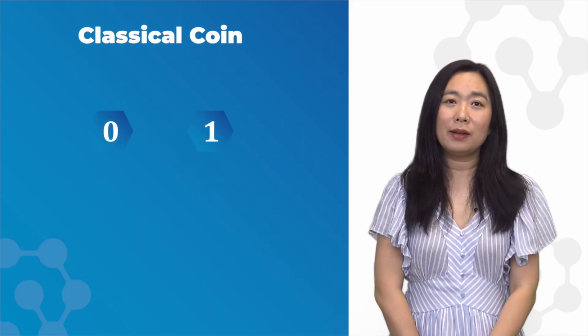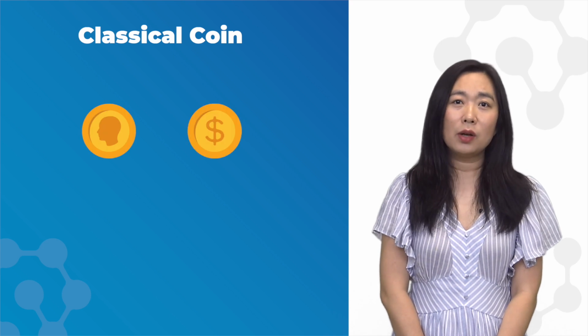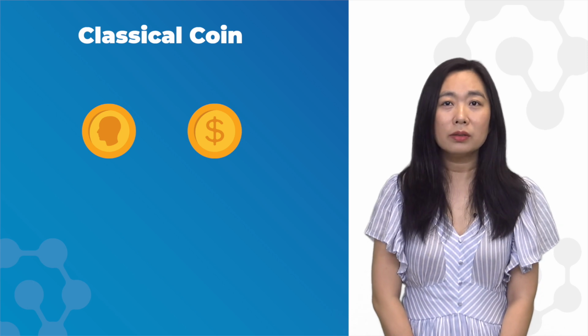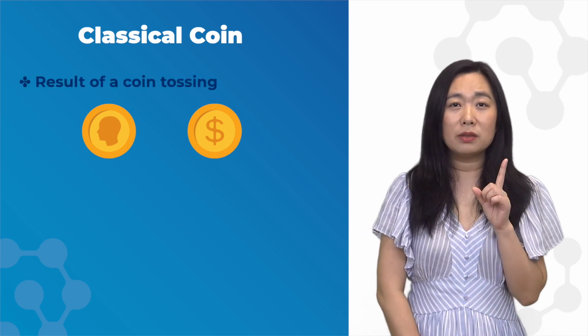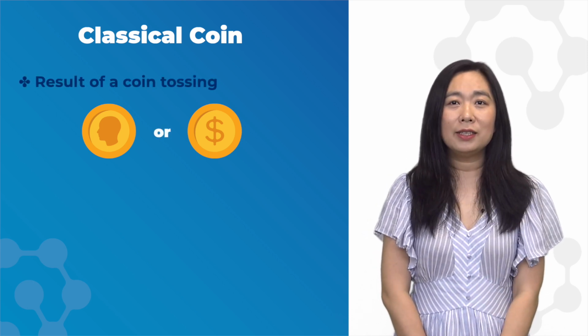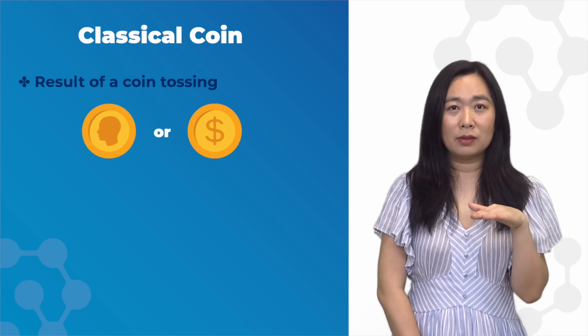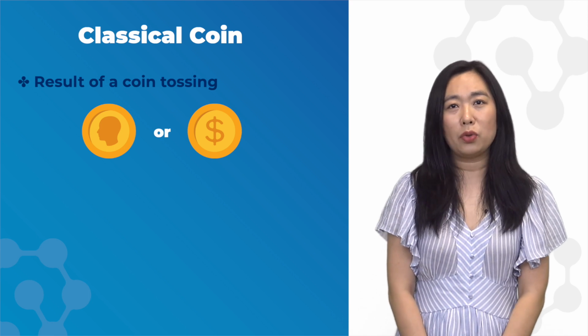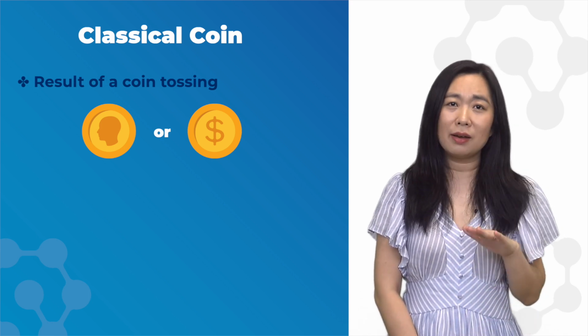Here let's look at a commonly used analog. Let 0 and 1 be the label of head or tail for the face of a coin. When we read out the result of a coin tossing, we get one bit of information, that is, head or tail. However, during the process of the tossing, we do not know whether we will get head or tail.